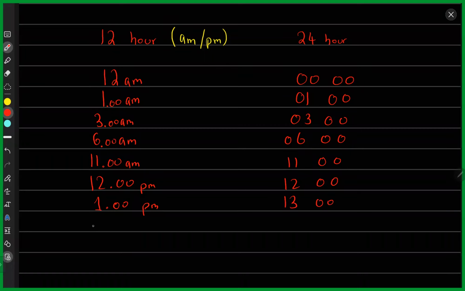And then if it is 3 p.m., it would be 1500. And then if it is 6 p.m., can anyone tell me what would be the answer here? Ma'am, I think it will be 1800. Very good. It's fine.